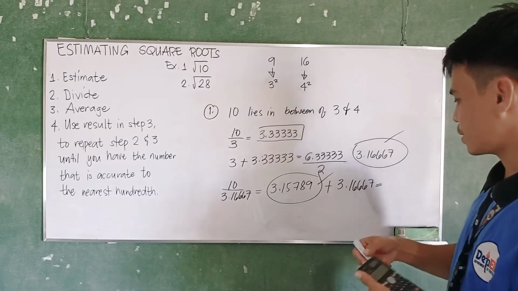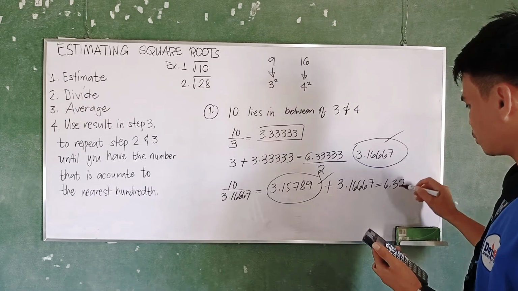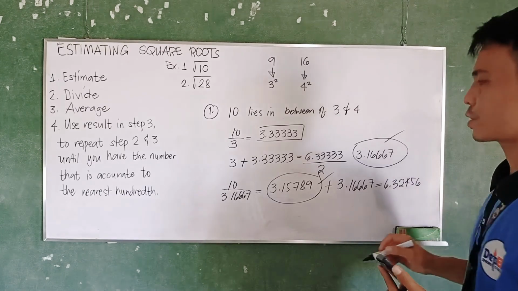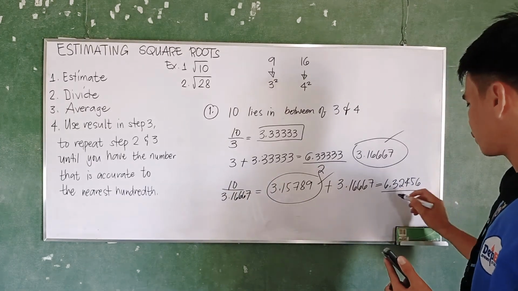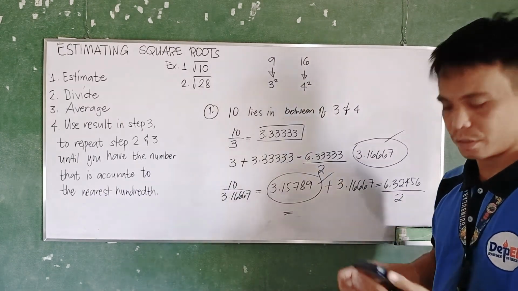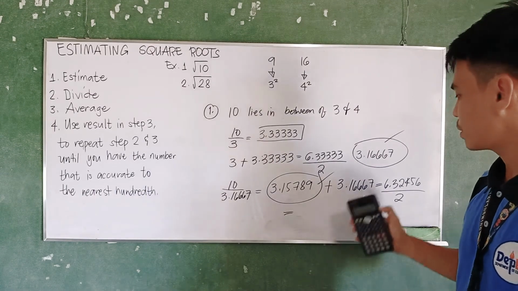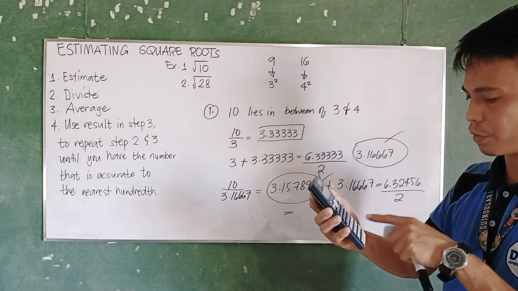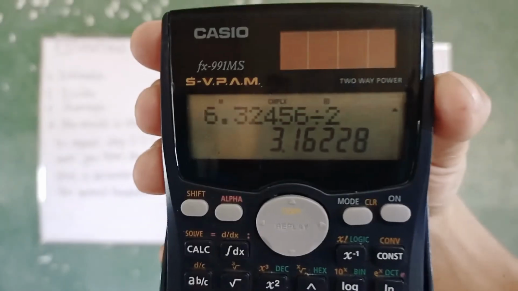So your answer here is 6.32456. Okay, and then we get the average. This will be divided by 2. So 6.32456 divided by 2, your answer here is 3.16228. Ayun siya, guys.